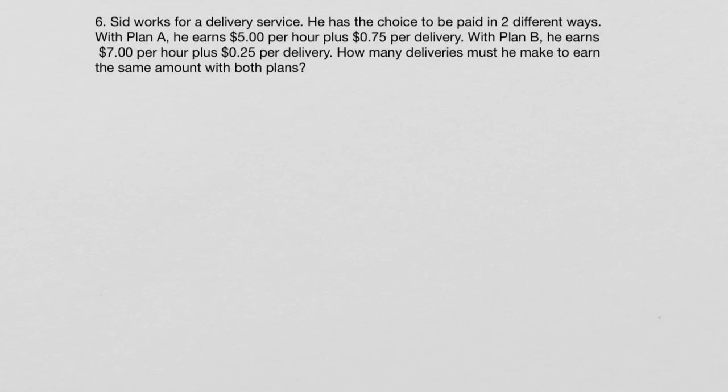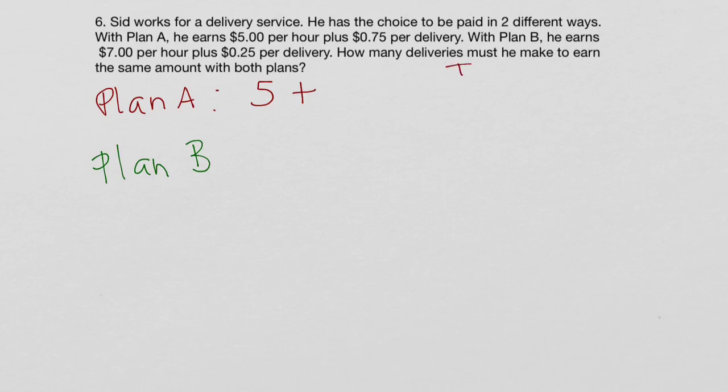So here you're going to want to figure out what the cost structure is for each one. So let's say we've got Plan A and Plan B. So for Plan A, he makes flat out $5 per hour plus 75 cents per delivery. So maybe we'll call D the number of deliveries.